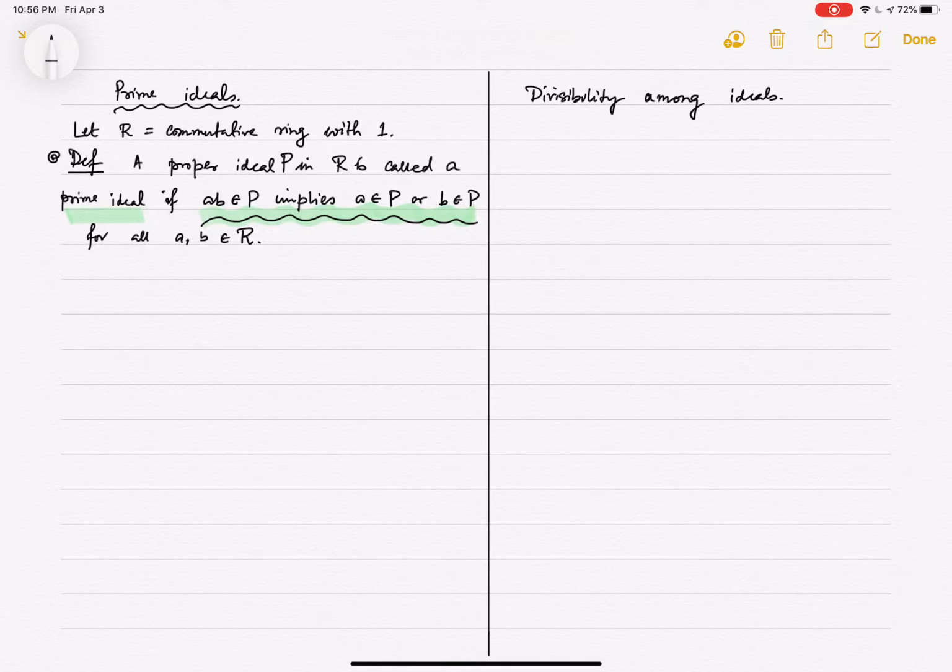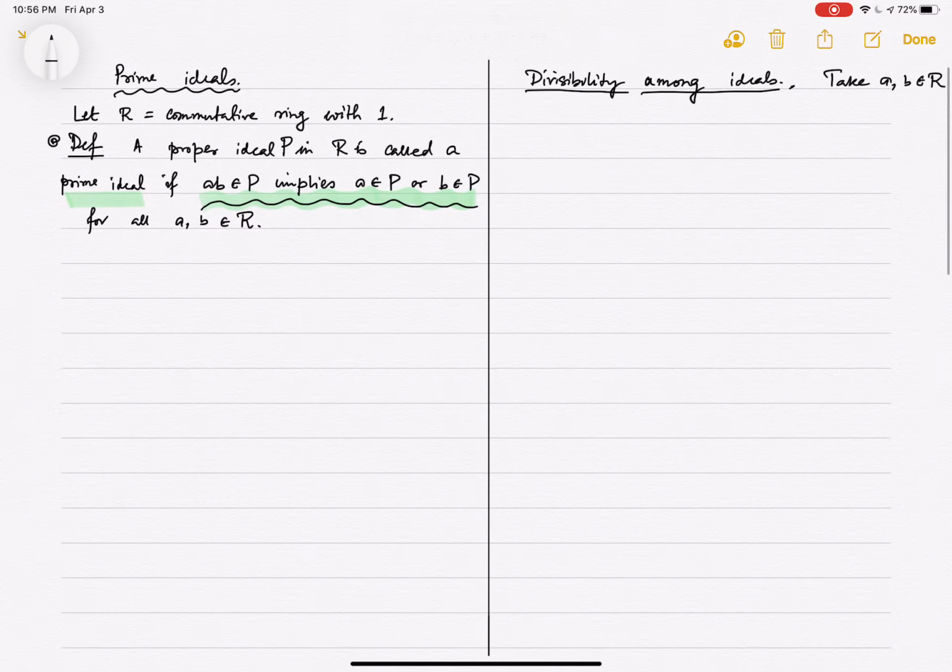So let R still be a commutative ring with 1 and take a, b in R. So remember, what does it mean to say that? Recall that we say a divides b in R. This is the notion for divides.